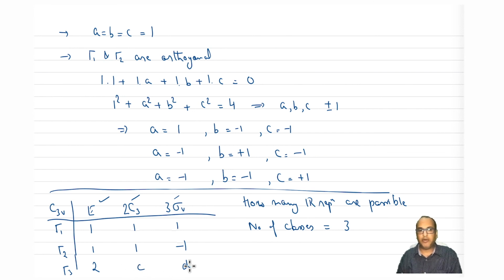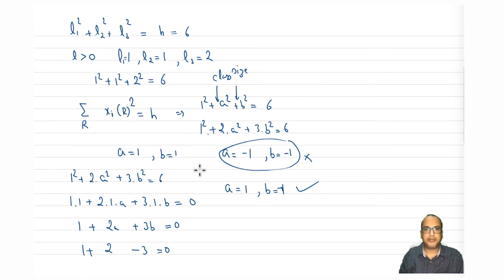So now we have two variables and we can easily get two equations from two orthogonality conditions. So let's do that. So 1 into 2 plus 2 into 1 into C plus 3 into 1 into D should be equal to 0.